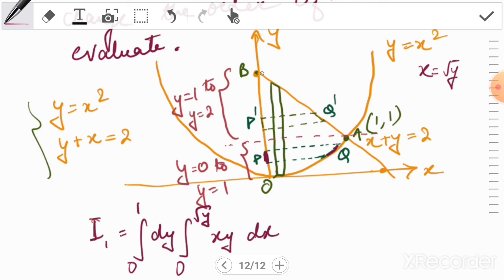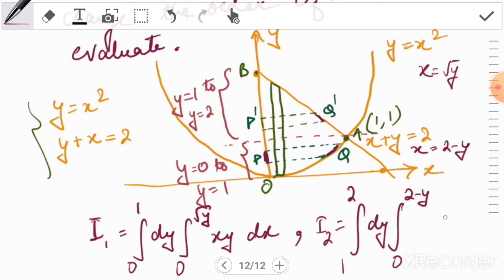From the second region, from B, we have I2: y is varying from 1 to 2 and x is varying from 0 to 2 minus y, since x lies on this line, so x is equal to 2 minus y, xy dx.